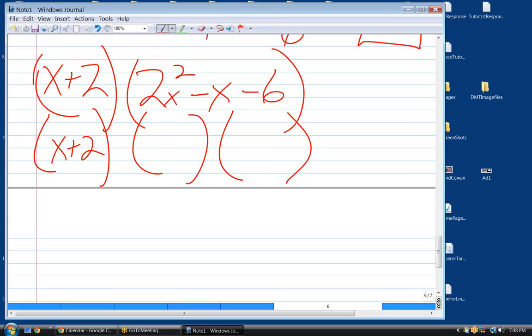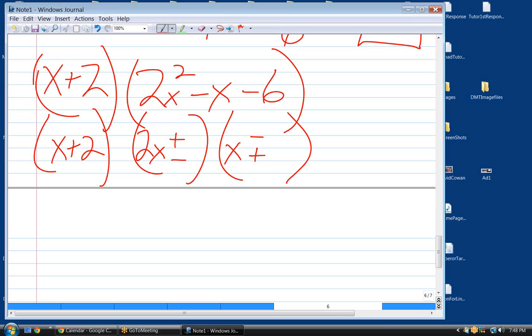So 2x and x. What are my signs? Plus and minus. It could be plus and minus, or minus and plus, because these have different coefficients, so we have to consider both.